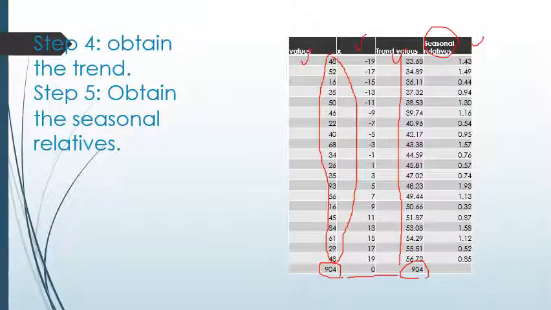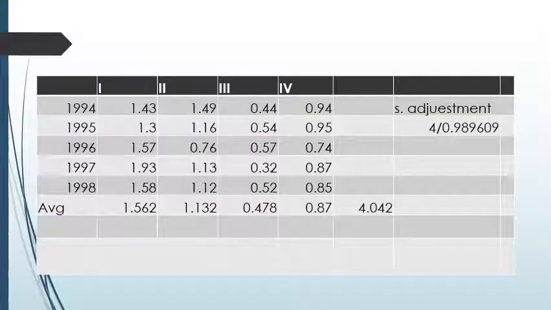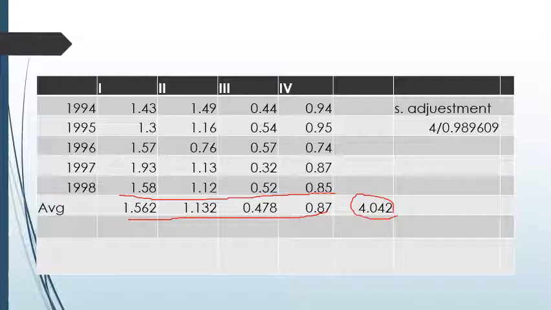No mistakes in regression. Now we have to arrange these values with respect to years and quarters. You can see that we have arranged these values over here, and we take the quarterly average. You can see that the sum of these seasonal indices is almost equal to 4, but not exactly equal to 4.